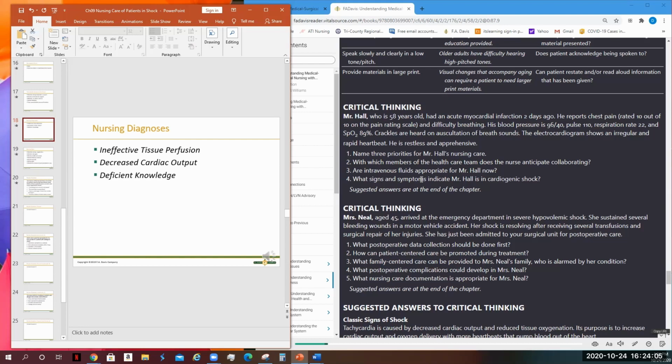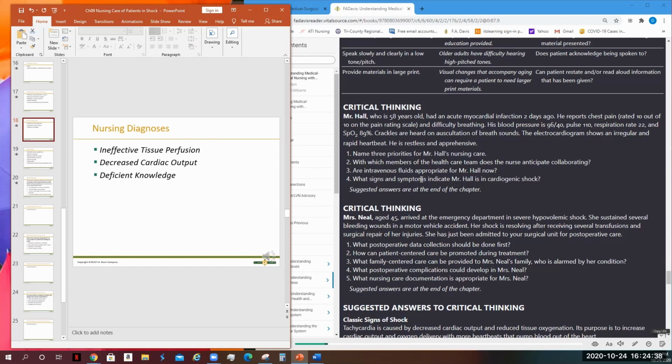His blood pressure is 96/40, pulse 110, respiration rate 22, and his blood oxygen saturation is 89%. Crackles are heard on auscultation of lung sounds or breath sounds. The electrocardiogram shows an irregular and rapid heartbeat. He is restless and apprehensive.